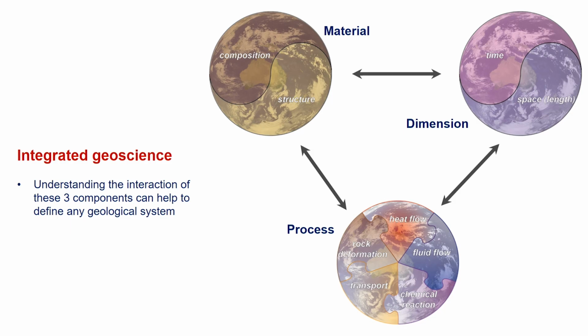Otherwise, our understanding is not complete. For instance, just looking at heat flow and fluid flow, not considering the composition and structure of the rock they act on, will not help us to understand how a big ore body forms, or how regolith forms, or why a volcano erupts in a certain way.